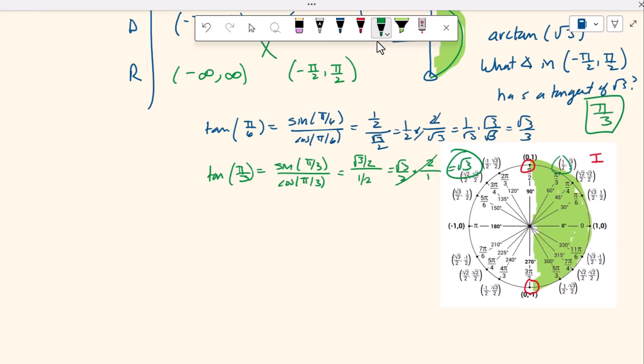Now after I do this, and every single time for some reason I do this, I think, oh, look at this. If I can remember that 3 plus 3 is 6, that should give me that reminder. And here I just get root 3 for tangent of pi over 3, and it's just 3. So that is how I remember it eventually after I get going on these, but the first few times I always have to stop and have a look.